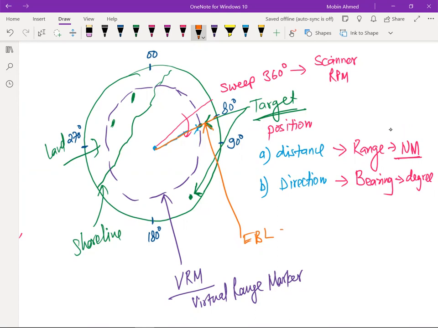This is an electronic bearing line. So it is going to give the degree, and this reading is going to come. Here at the corner you will find it written bearing and range, and it is going to give the range and bearing.